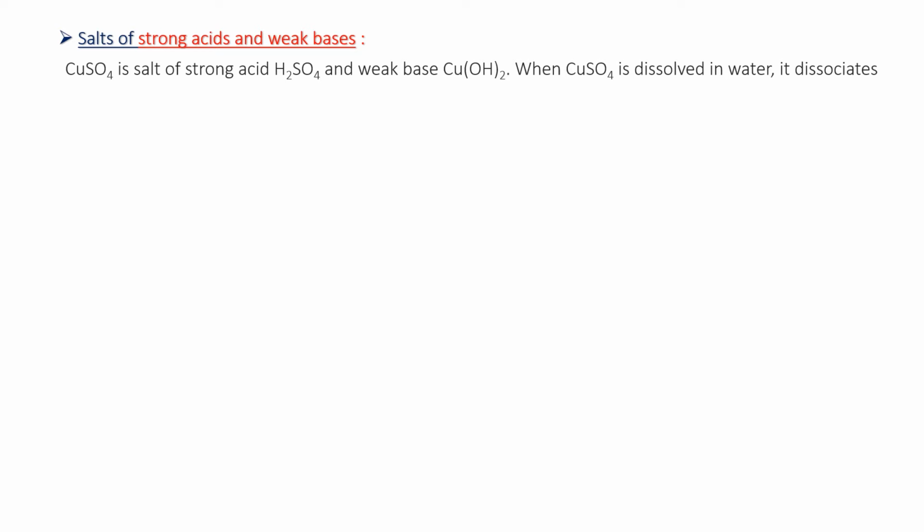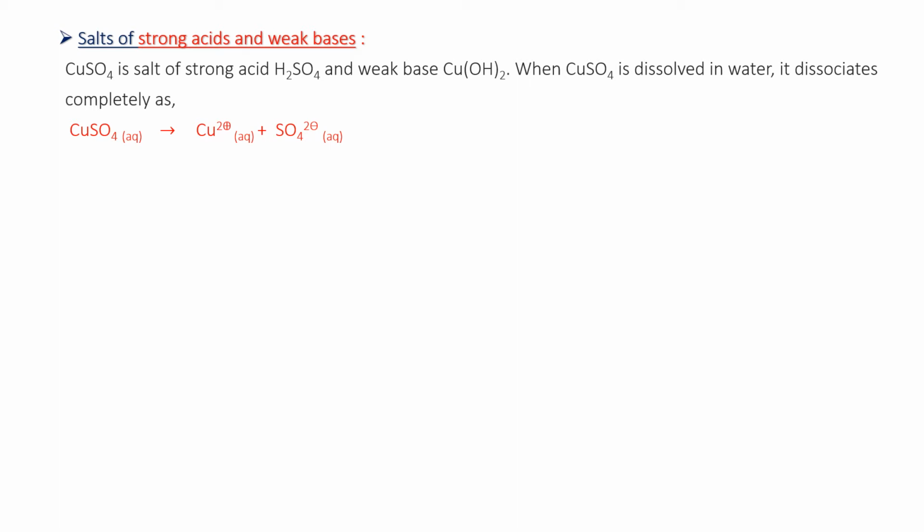Now see, copper sulfate is a salt which is derived from a strong acid, that is H2SO4, and a weak base, that is copper hydroxide. As soon as you dissolve the salt, copper sulfate, in water, which two types of ions do you get from that? That is Cu2+ and SO4 2-.